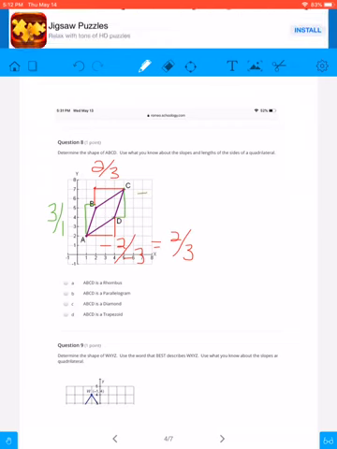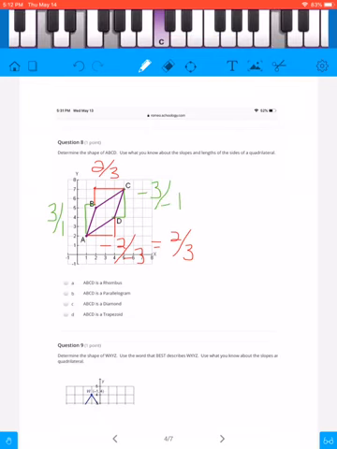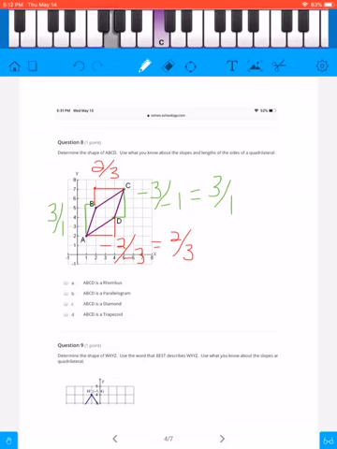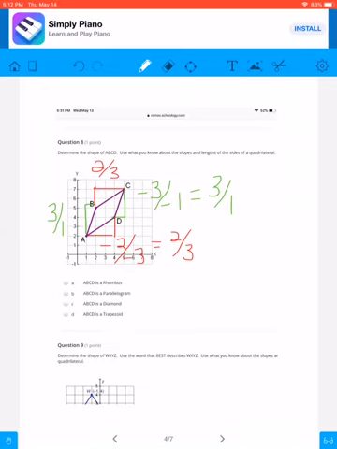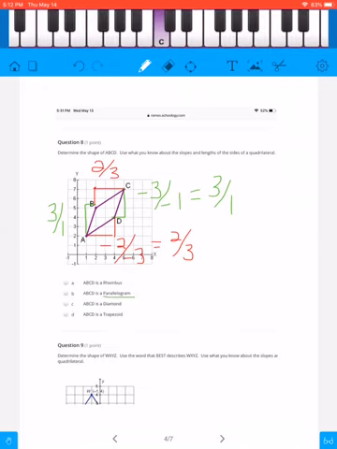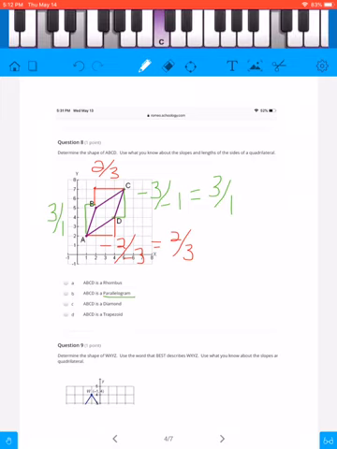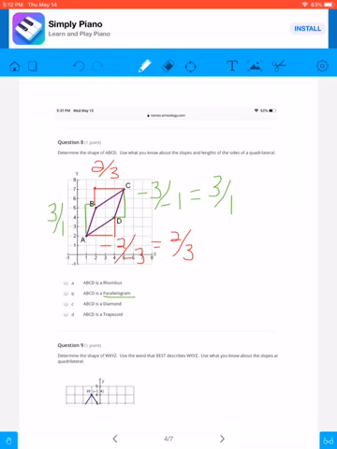So this would be -3 over -1. So that is also 3 over 1. So the opposite sides are parallel. So right now we can say that it's a parallelogram because the opposite pairs of sides are parallel based on their slope.